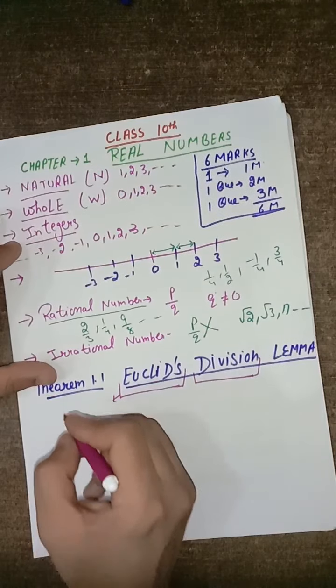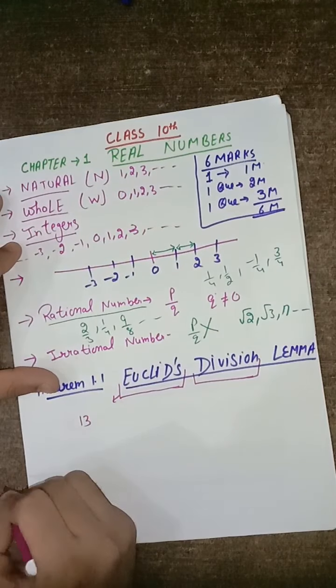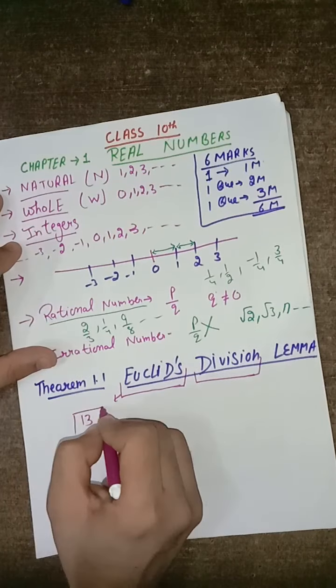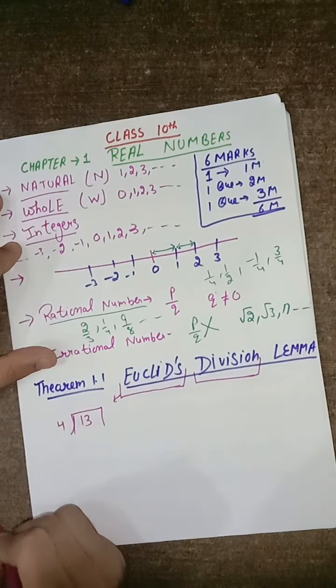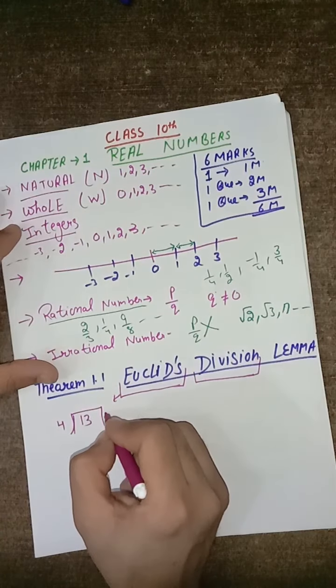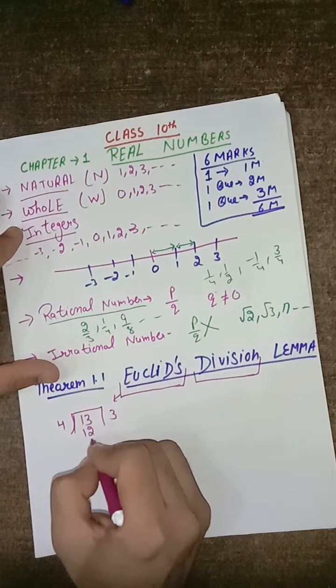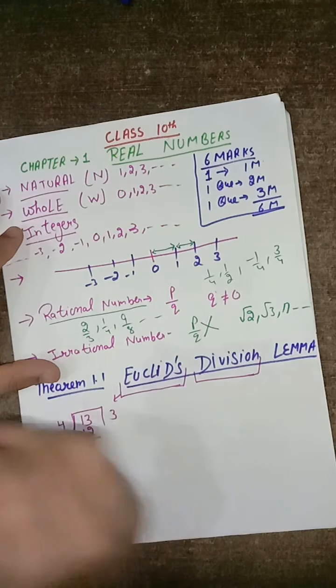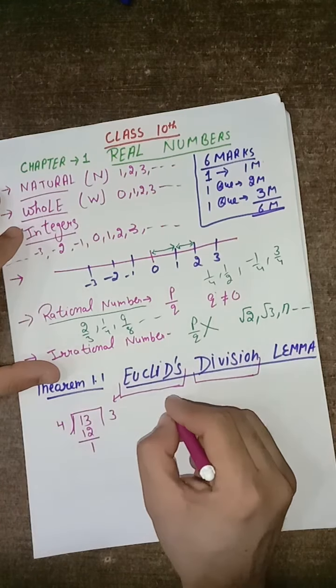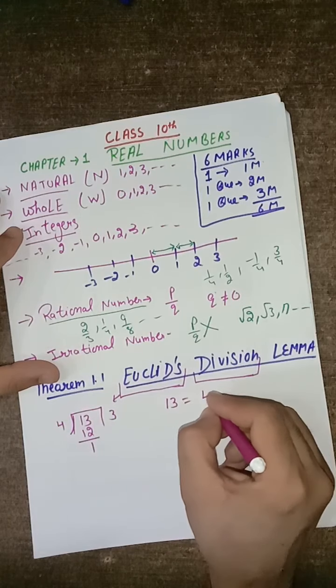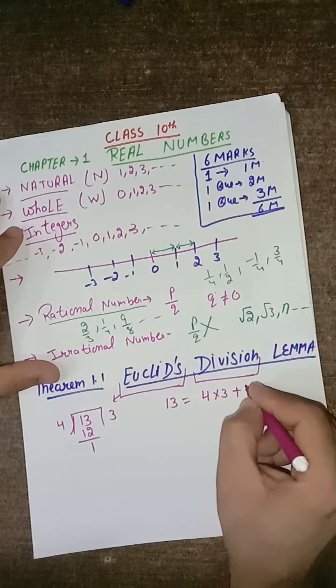Division is, if we have two numbers, say 13 and 4. When we divide 13 by 4, we will get 3 as quotient and 1 as remainder. Then we write 13 as 4 into 3 plus 1.